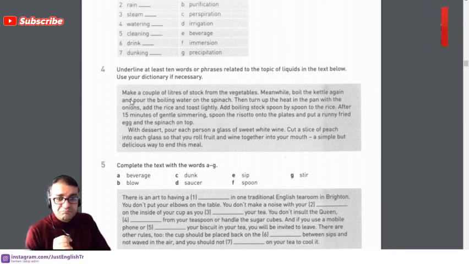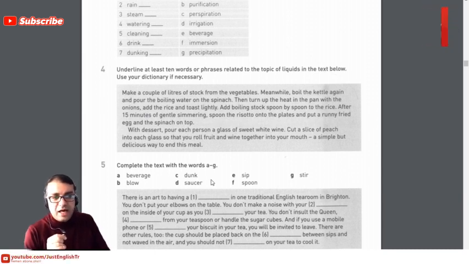We can read it together. Make a couple of liters of stock from vegetables, meanwhile boil the kettle again and pour the boiling water on the spinach. Then turn the heat down in the pan with the onions.